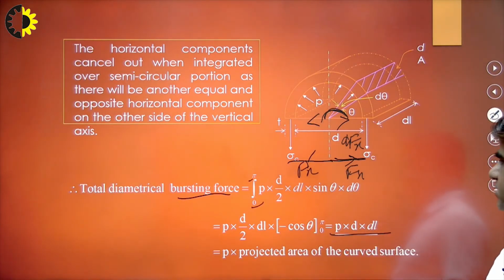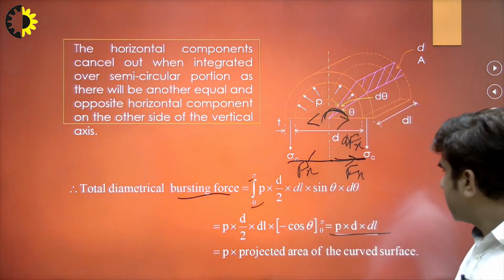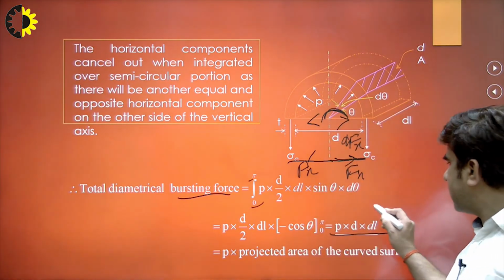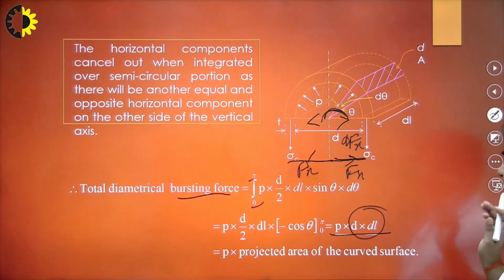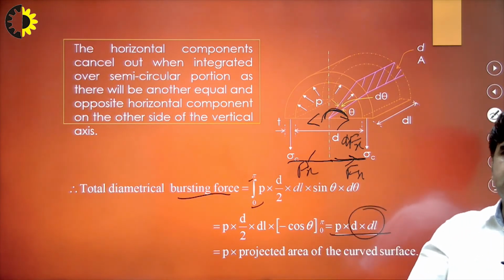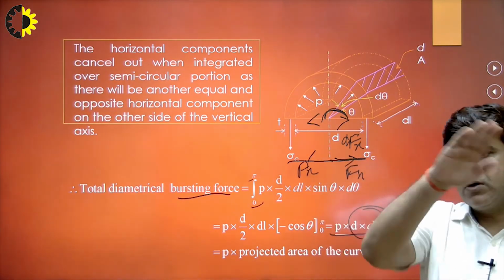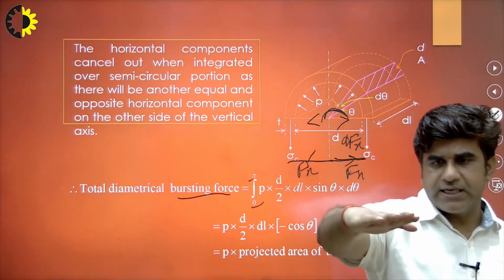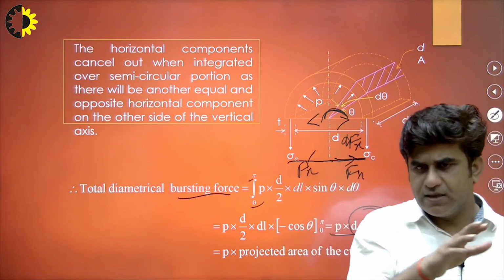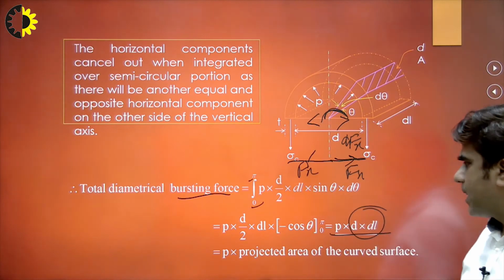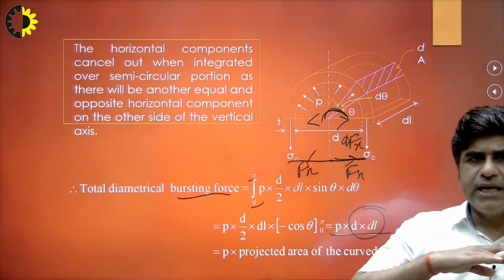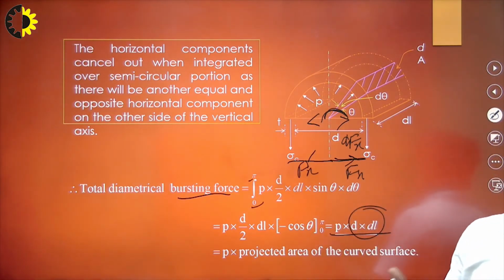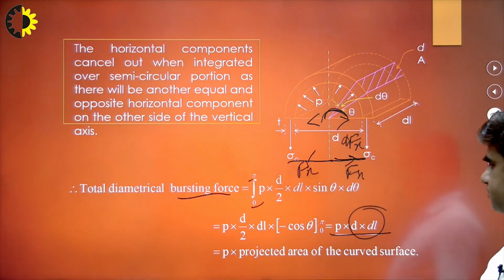This is the bursting force, where d into dl is the projected area of the curved surface. Its projected area is like a rectangle, so pressure into the area of the rectangle gives the bursting force.